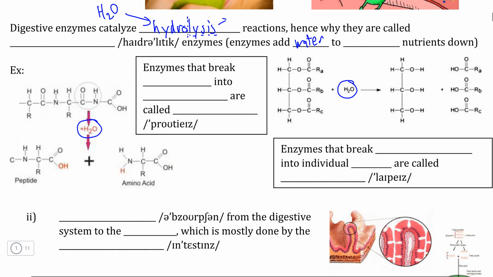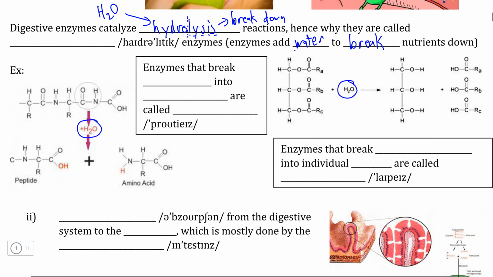So the process of breaking down something is what the suffix lysis indicates. In other words, enzymes that catalyze hydrolysis reactions add water to the chemicals that make up the nutrients in your food in order to break down nutrients to a smaller size that is easier for your cells to actually absorb.